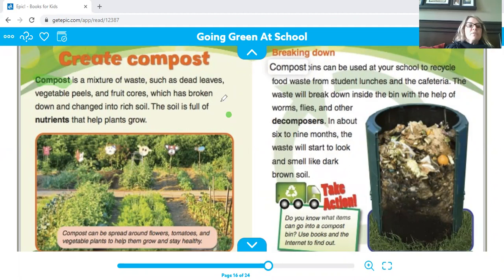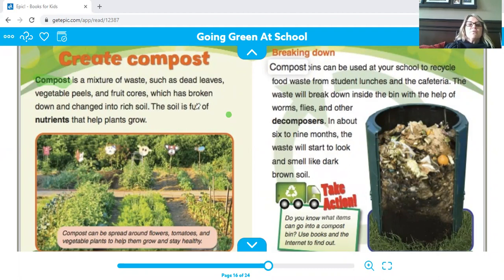I don't see a prefix or a suffix here, but I do know that we could look around the word, and we learned previously that a mixture, we look at it and you can see that it tells us what the word means. Compost is a mixture of waste, such as dead leaves, vegetable peels, or fruit cores, which are broken down and changed into rich soil. So they told us what that means.